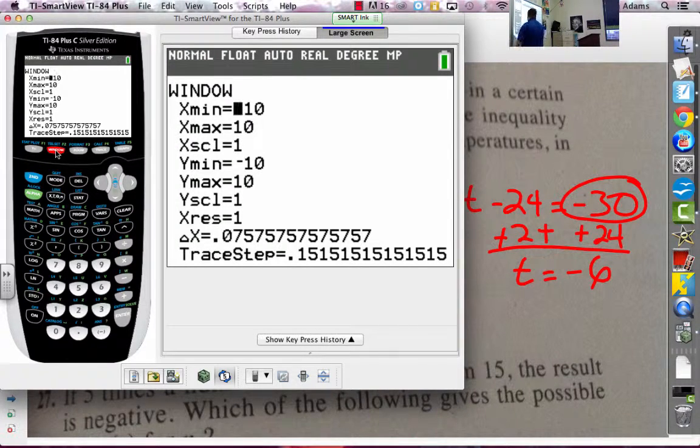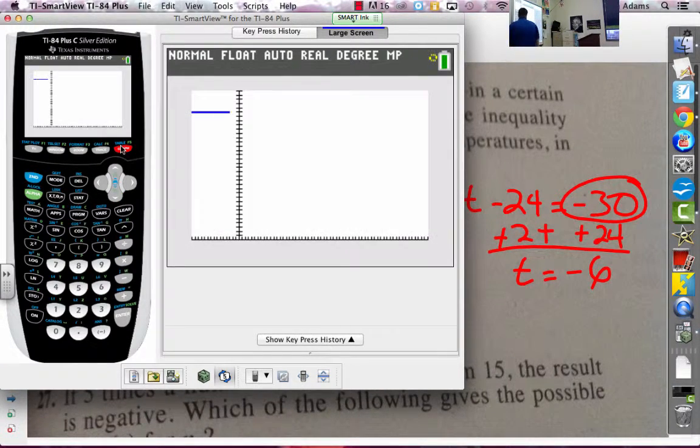So my x values have to go from like negative 10 to like 60. In fact, negative 10 is one of the options. That's what we're really checking. So I'm going to put negative 15 to 60. For my y value, I don't really care, but I know that it has to be at least 30 because I'm interested in when y is less than 30. So I'm going to put like 35, and now it should graph.